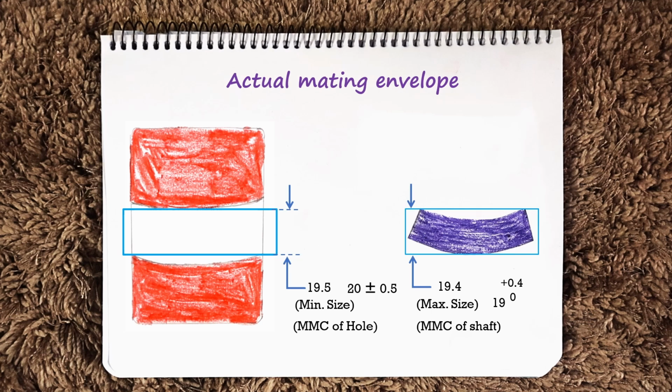Means the diameter of this external actual mating envelope of this shaft should be maximum 19.4 mm, the upper limit of the shaft diameter, or we can say MMC of this shaft. And the diameter of this internal actual mating envelope of this hole should be at least a minimum of 19.5 mm, the lower side of this hole diameter, means MMC of this hole, which we will learn in the next section, LMC and MMC.